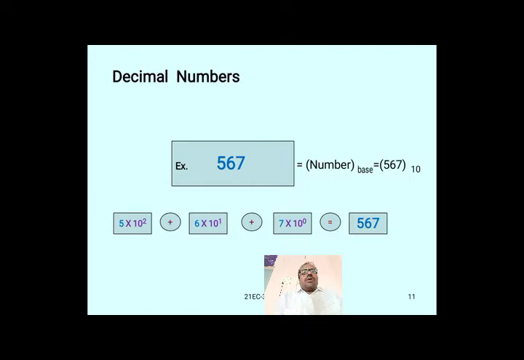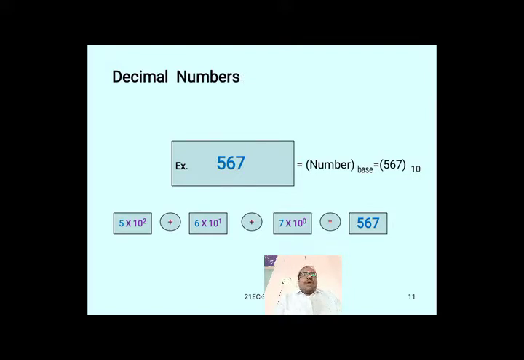Now I am taking different positions of that number, or digits present in that number. See here, first number is 7. It is in units place. Next, 6 is in tens place and 5 is in hundreds place.